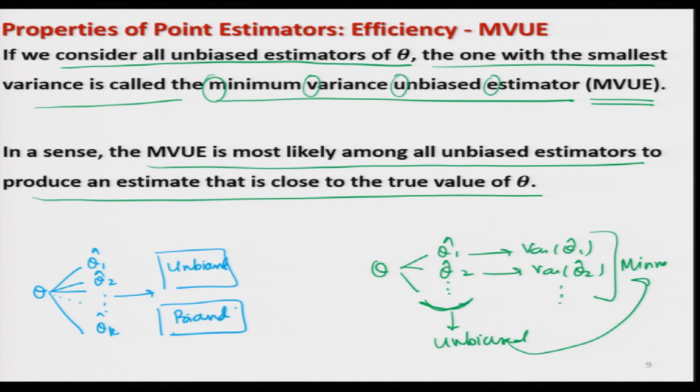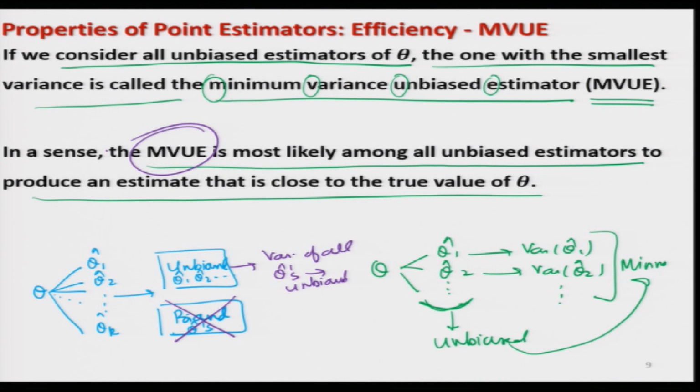There will be more than two estimators in both cases. Now, we ignore all the theta hats which are biased, and we find the variances of all the theta hats which are unbiased, and then out of them I choose the estimator which has the smallest variance, and this is called MVUE.